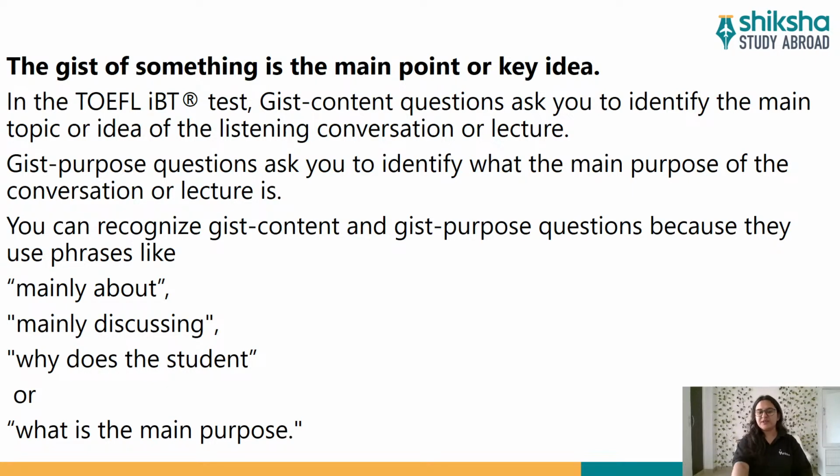So as you can see here, there is a slight difference between gist content questions, what they ask actually to you, and gist purpose questions, what do they ask? Definitely it's written here. So you can see what is the similarity and what is the difference between these two questions. So you can recognize gist content or gist purpose questions because they use phrases like these.